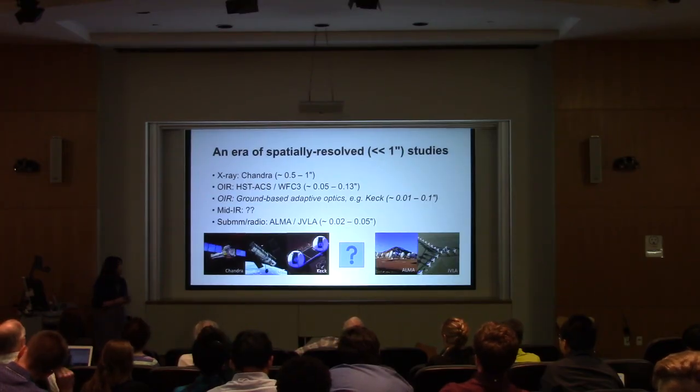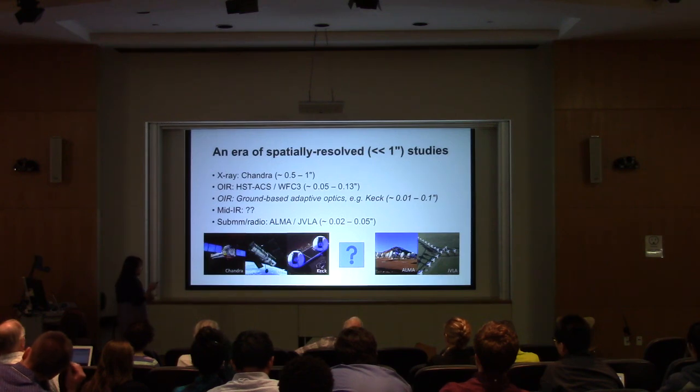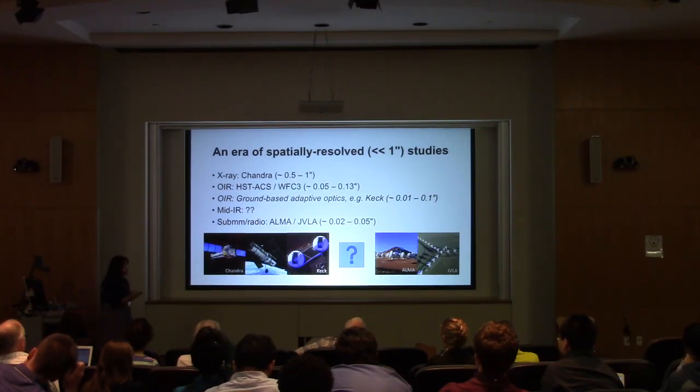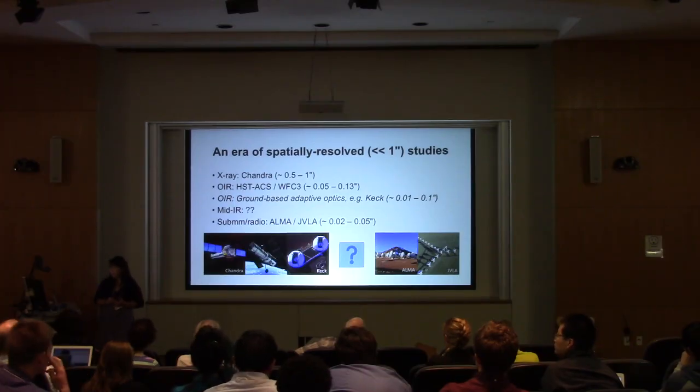And in the infrared and optical, of course, there's HST, but I'm mostly going to talk about ground-based adaptive optics via Keck, which allows us to probe comparable, if not better, spatial resolution. And then in the submillimeter and radio, of course, ALMA and JVLA have been game changers as well, with very good resolution that's basically matching what we're seeing in the optical and infrared. And geez, wouldn't it be great if we had something that can allow us to also resolve things in the mid-infrared? But I'll come back to that at the end.